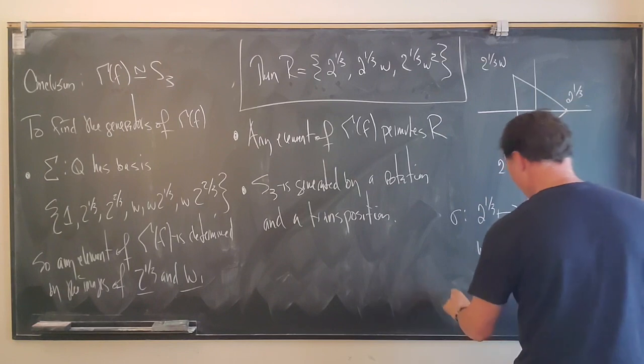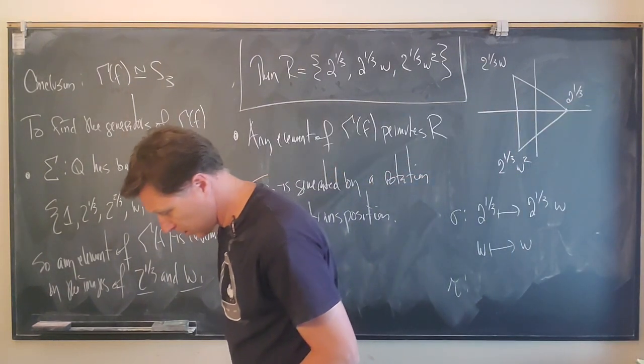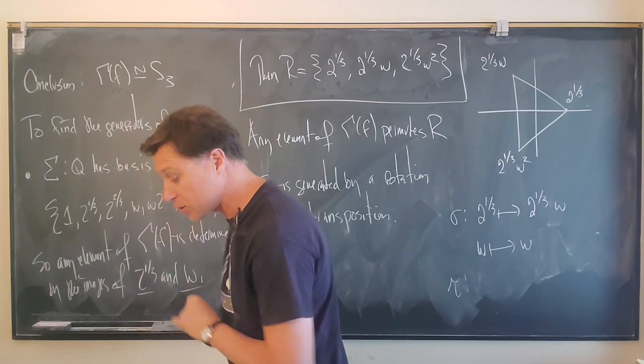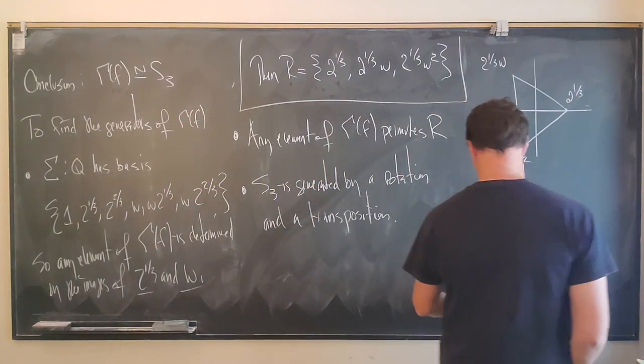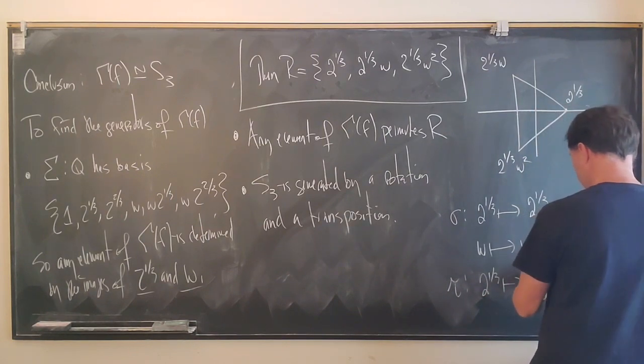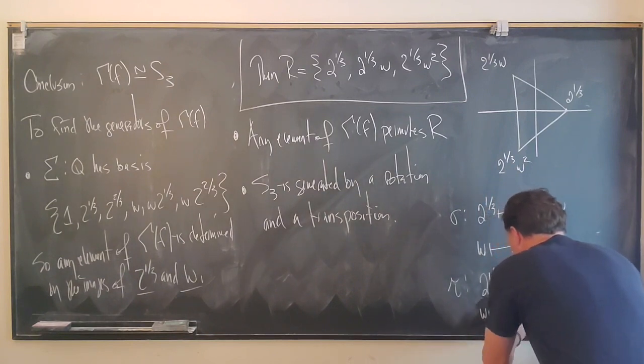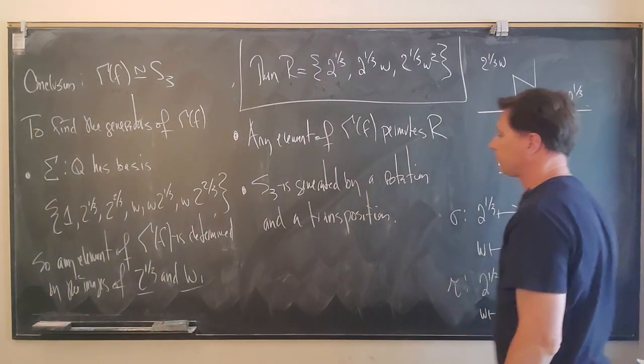And then tau leaves 2 to the 1/3 fixed, so 2 to the 1/3 goes to 2 to the 1/3, and it takes omega to omega squared.